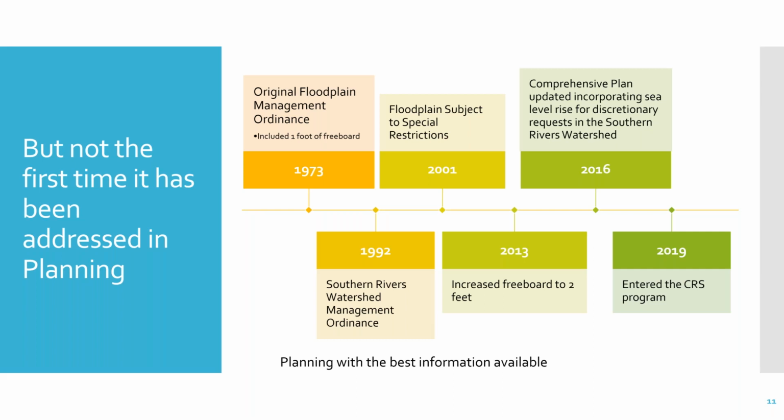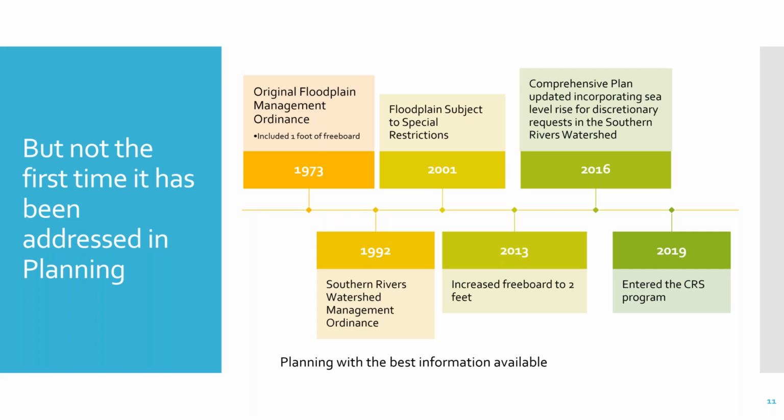Many of you have done some of these things, of course, adopting floodplain management ordinances. And for the city itself, in 1992, we also adopted a Southern Rivers Watershed Management Ordinance, which specifically called out the southern part of the city because of how low it is and flat it is, and our agriculture that's been going on down there, that it has its own significant challenges that need to be specifically addressed.